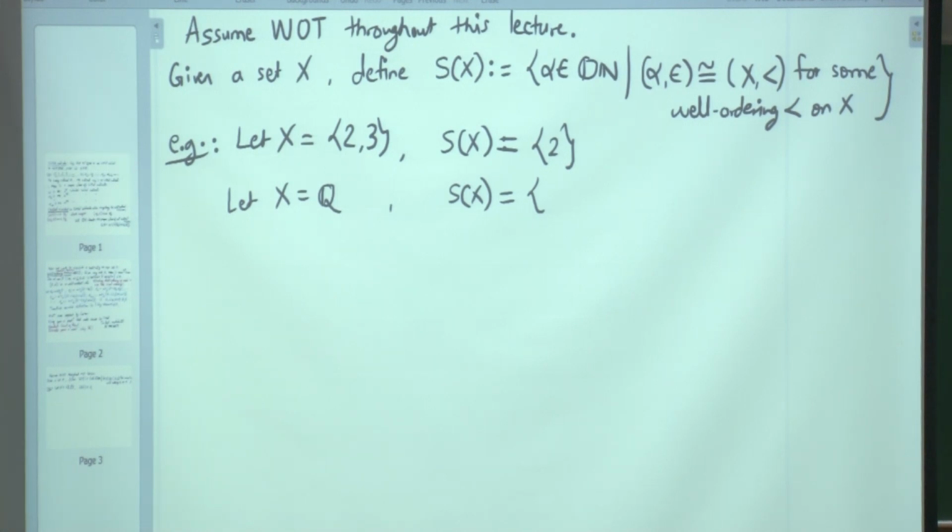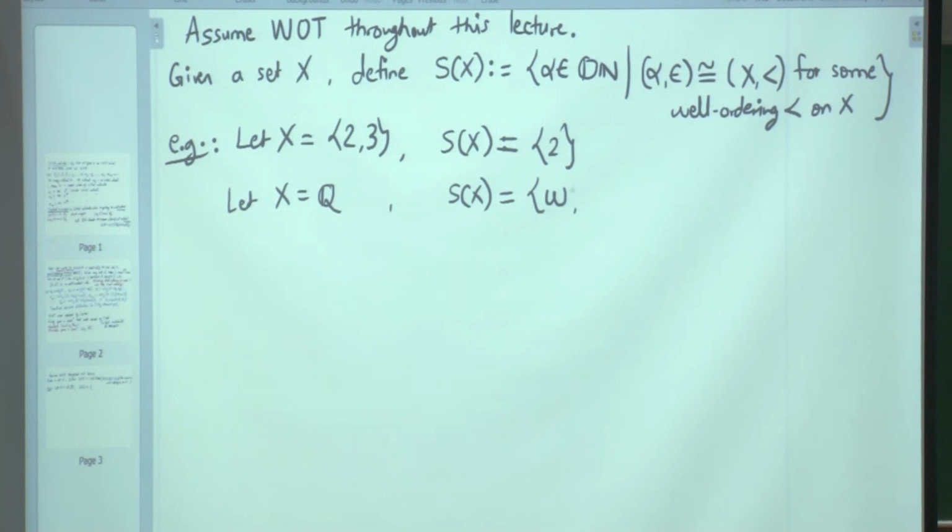Omega, omega plus 1. Yes, so they can be listed. Once we know their listing, then we know that they can be well ordered, isomorphic to omega. We have done that listing when we did construction of rational numbers as pairs.